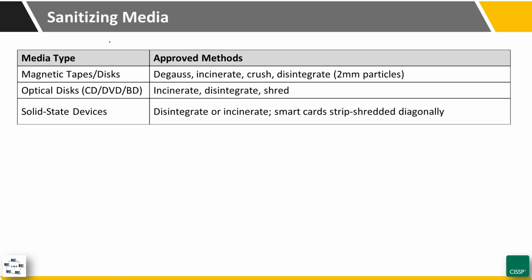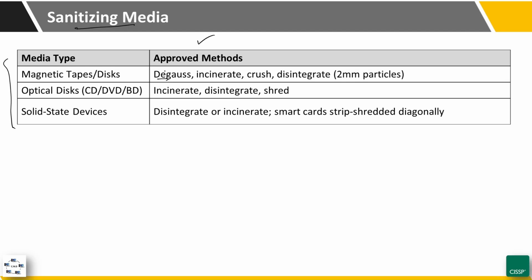So the next topic is sanitizing media. These are different types of media, and these are some of the methods which we can use to sanitize the data from these media. The first type is magnetic tapes or discs, and the approved methods are degaussing. Degaussing, remember, is important.